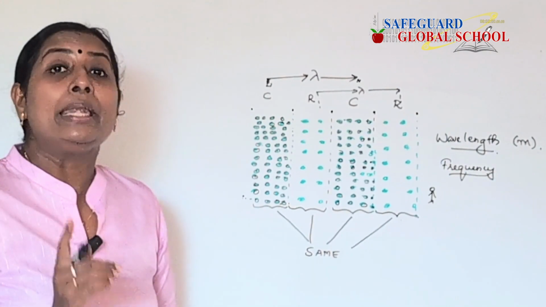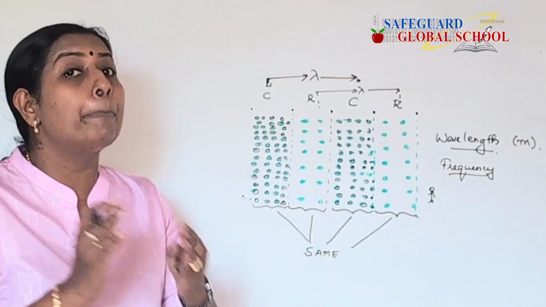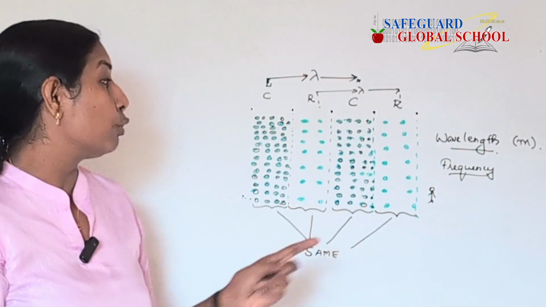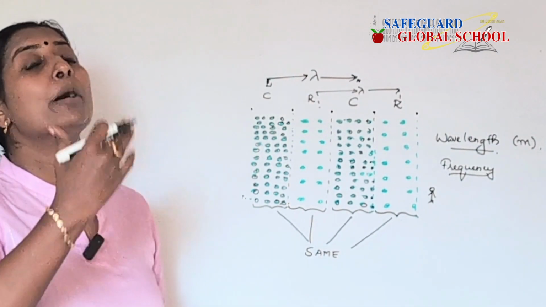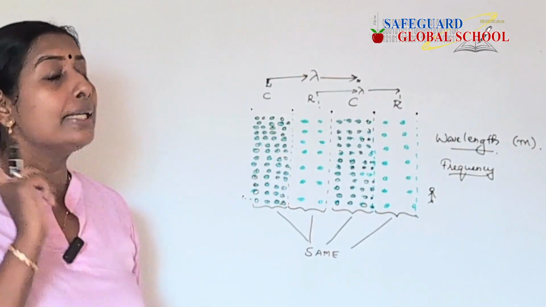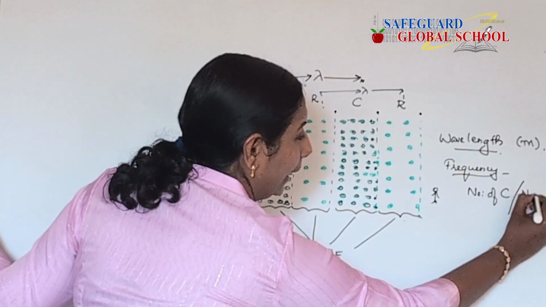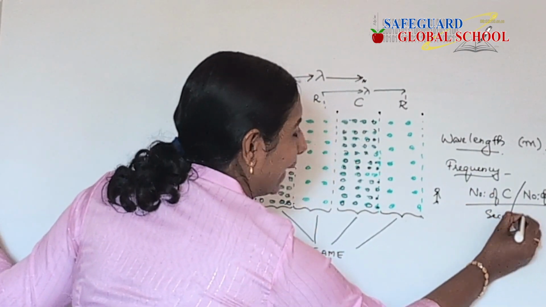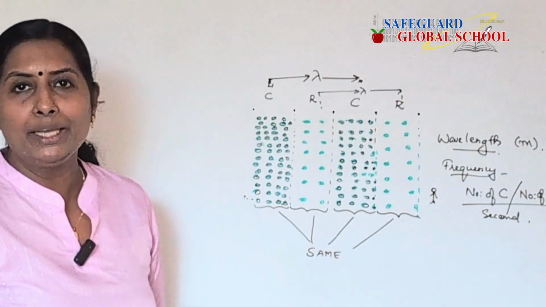The number of compressions or number of rarefactions crossing a particular point in the medium per second, that is, in 1 second, is what is meant by the frequency of a sound wave.